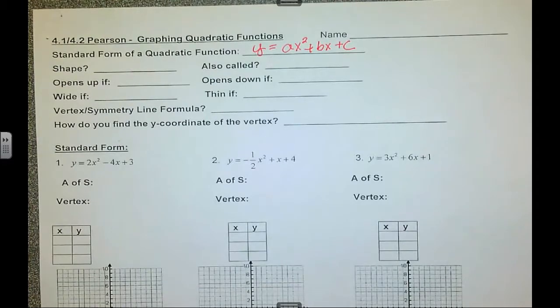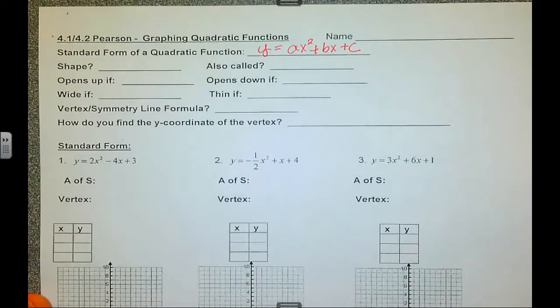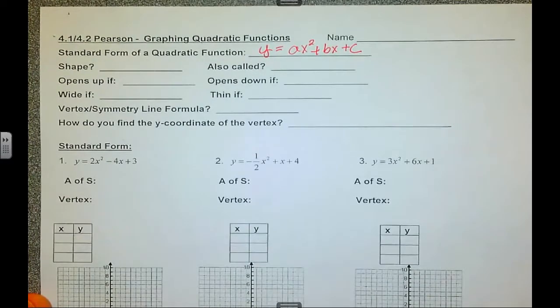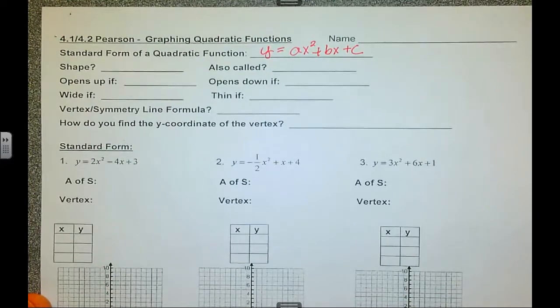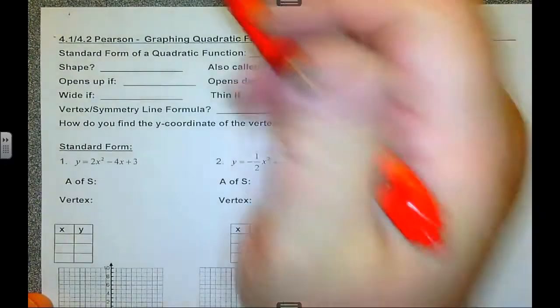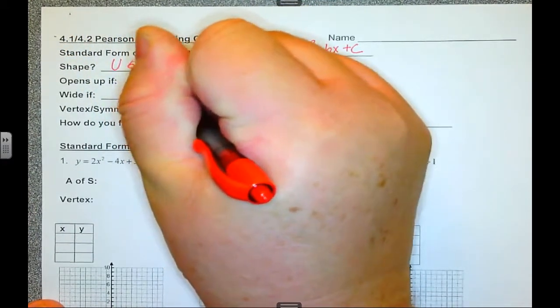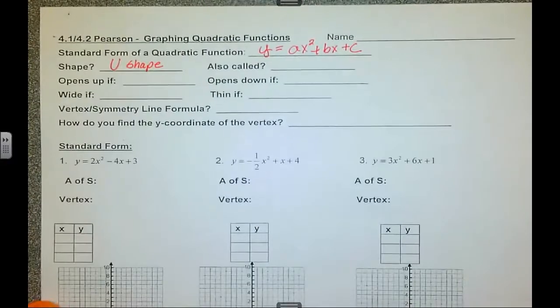What kind of shape does our quadratic function have? What's the U shape called?